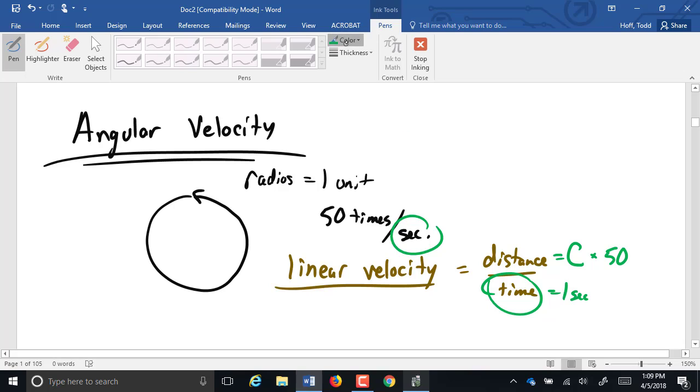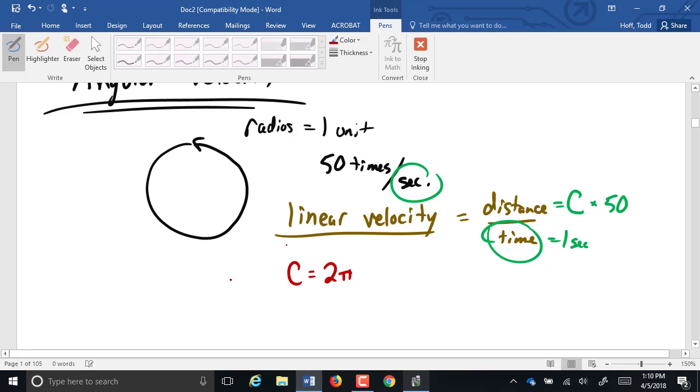The circumference of that circle is 2 pi, correct? Diameter is 2 if the radius is 1, times pi, that's the circumference. So the distance traveled is 2 pi times 50, otherwise known as 100 pi.